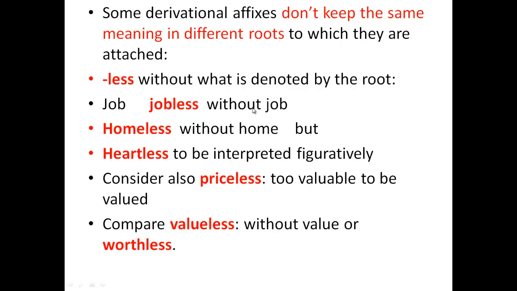So jobless, without job. Home plus less, homeless, without home. But what about heartless? Here there is the absence of home, here there is the absence of job. But here, can we talk about the absence of heart? Of course people cannot live without a heart. So here it's something that we have to interpret figuratively.